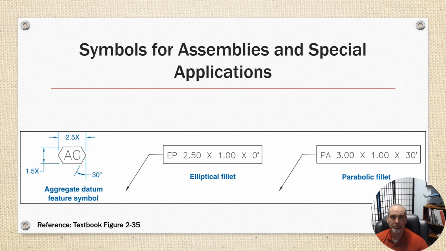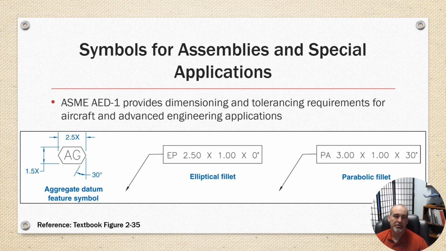Okay, so here's symbols for assemblies and special applications. There's another standard called ASME AED-1. It provides dimensioning and tolerance requirements for aircraft and advanced engineering applications. Okay, and they'll use this aggregated datum feature symbol, which has to do with what is the aggregate datum between mating parts.